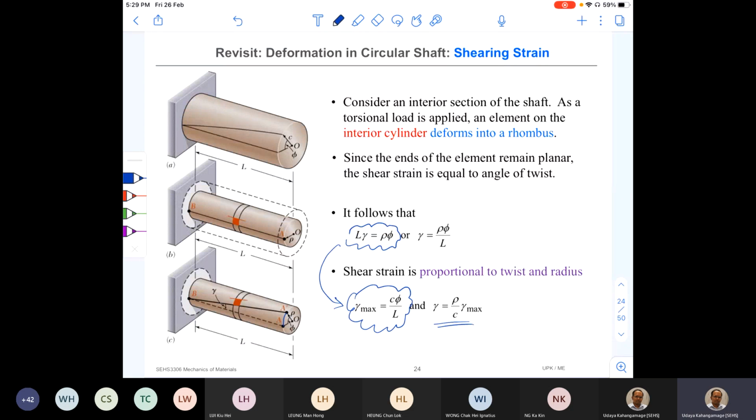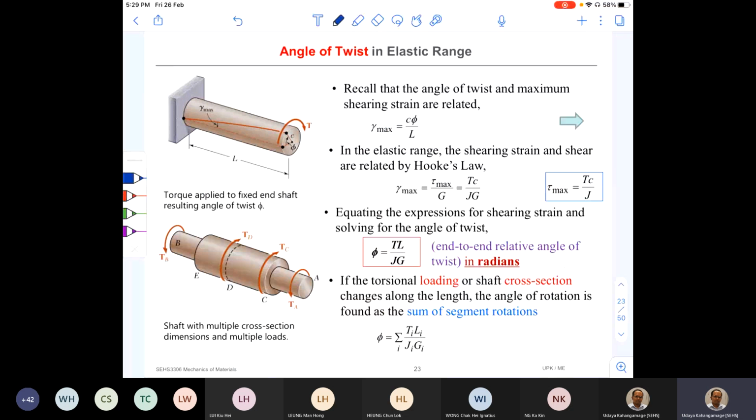Maximum shear strain is at the outer surface. Now I go back here, and you can remember this equation. This is gamma max, the maximum shear strain, equal to C times phi divided by L. Let me mark this one as equation number 1.